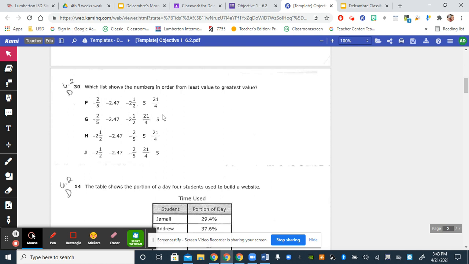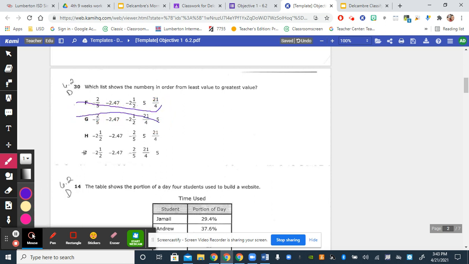So we're going to be ordering these numbers. Well, I know that the larger the negative, the smaller it is. So which one would be smaller, -2/5 or -2 1/2? It would be -2 1/2. So I'm going to cross off F and cross off G.